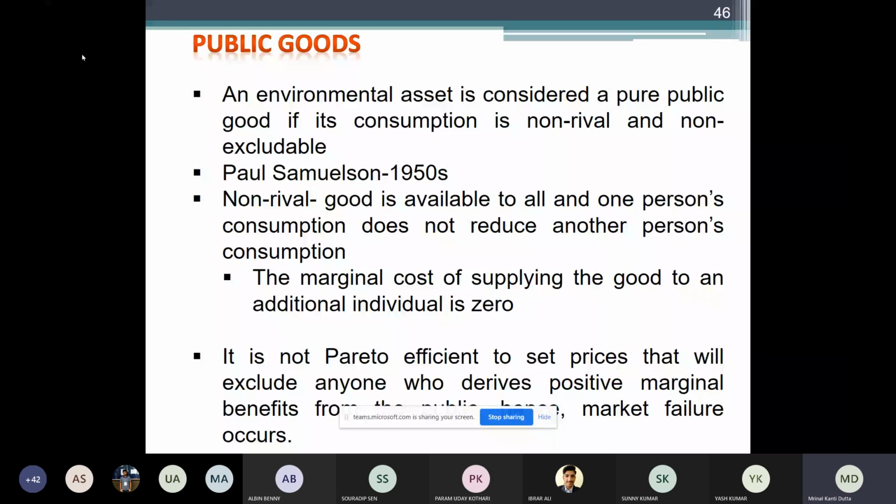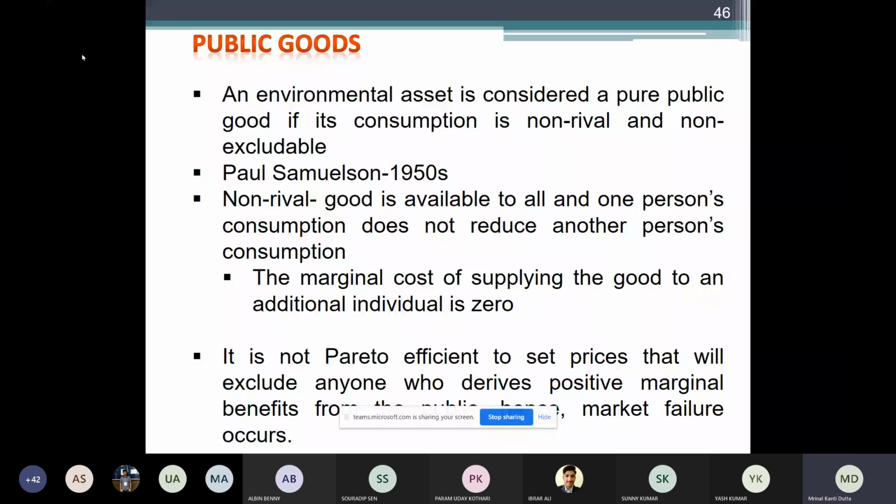So if we have this type of goods and services where there is some kind of publicness, then we can consider them as public goods. In the case of public goods, the issue is that setting a proper price is a little bit difficult, because in the case of this type of public goods, there will be a lot of positive externalities, and these positive externalities mean some benefits will be there, and these benefits are not taken into account while talking about the price of the public goods.